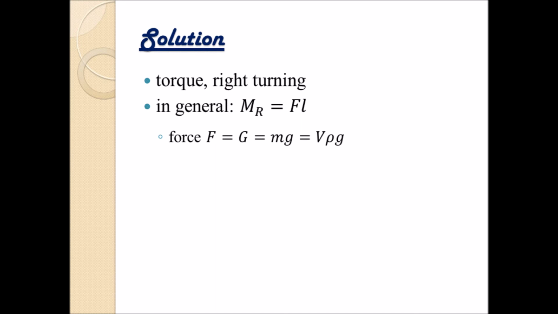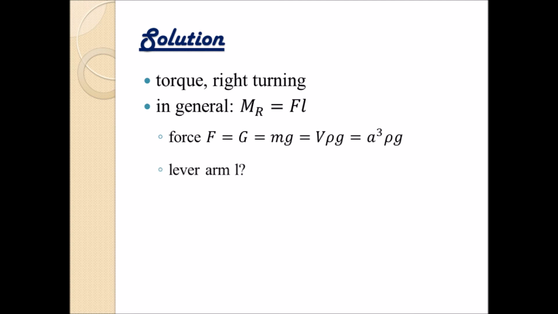The volume V? Well, again, it's not directly given, but it's a cube and we have given the edge length. So it's pretty simple. We know that in total the gravitational force equals a to the power of 3 multiplied with the density ρ and also multiplied with the gravitational constant g. So we can actually calculate this force in this case.